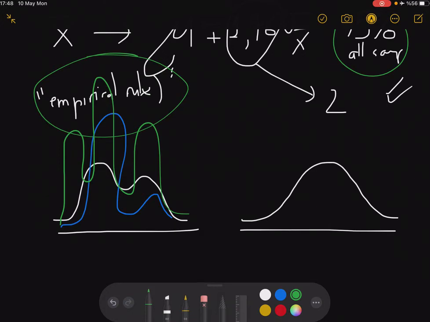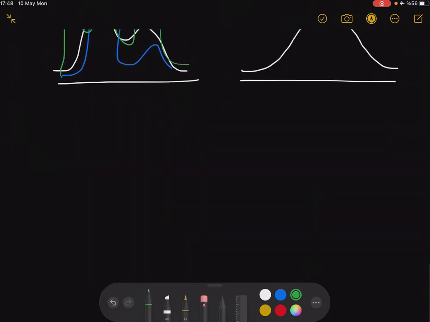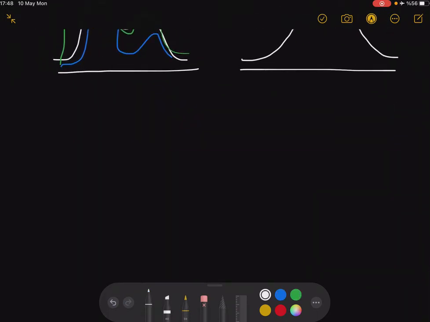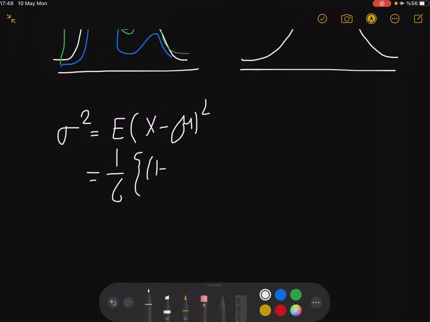Okay, if we go back to our example again, our sigma square will be the expected value of x minus mu square, which is 1/6 times 1 minus 3.5 square plus, you know this from chapter 1, right?